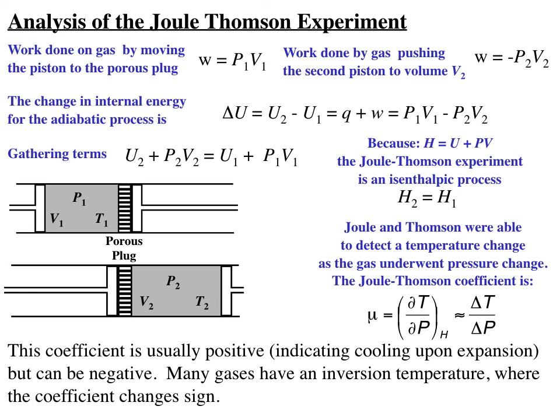So they defined a variable that relates this, known as the Joule-Thomson coefficient. Mu is how the temperature changes with pressure when an experiment is done isenthalpically. Now, this idea of isenthalpic is also true anytime you do something very quickly, like if you take an aerosol can. This is much like what is going on in an aerosol can.